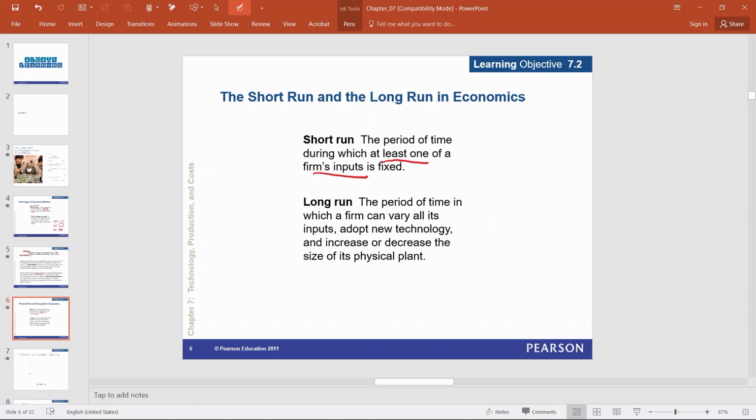At least one of the inputs you cannot change. It remains fixed. So this is called short run. But in the long run, all inputs can be variable and can change over time. There is no mention of how many years or how many periods. It is just related to the fact that in the short run, some variables remain fixed and you cannot change them, but in the long run, all inputs can be changed.